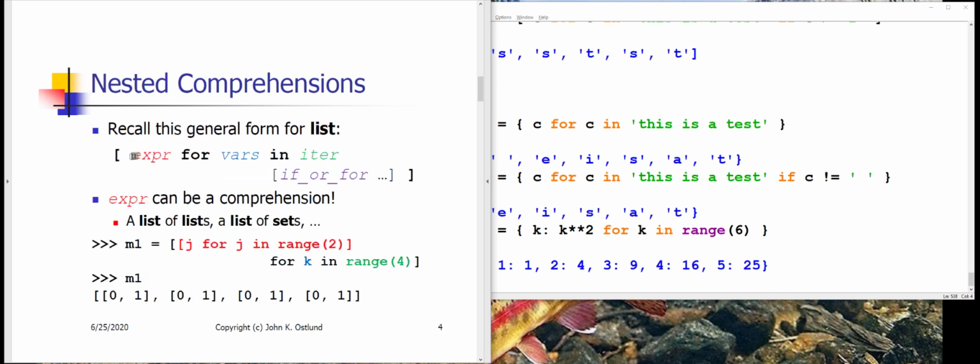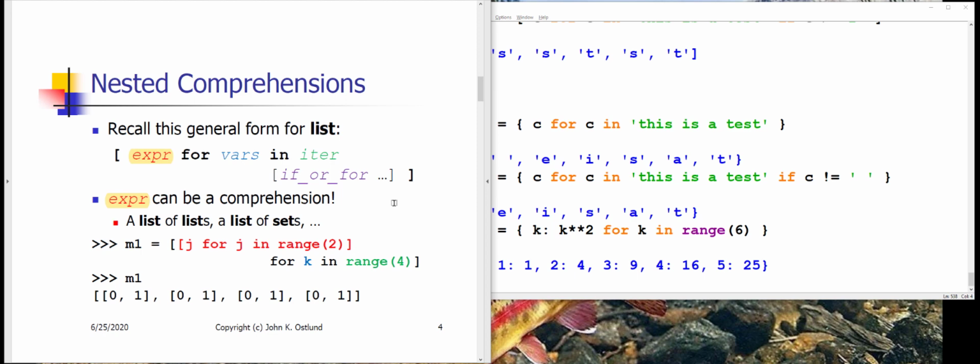So here's our general form of the comprehension syntax again, this time for the list. For sets, we would use curly braces instead of square brackets. And for dictionaries, the expression would have to involve giving a key and a value. But I want to point out here that this expression is not limited to being just a single value.